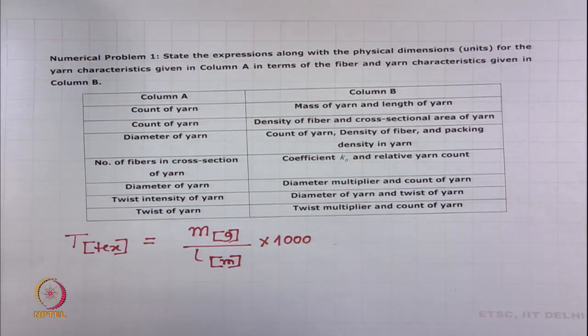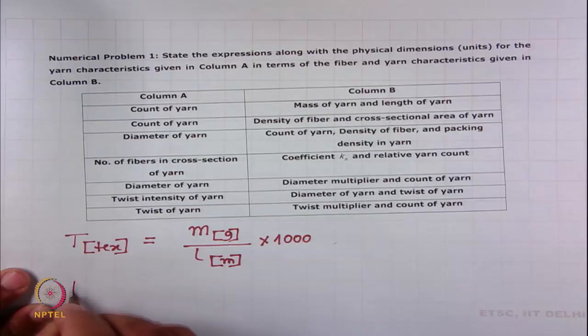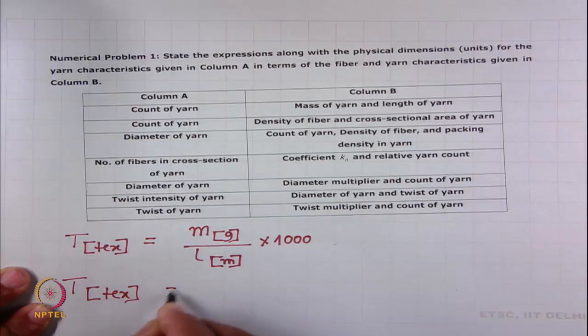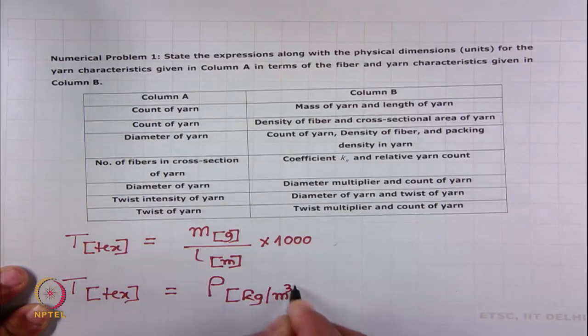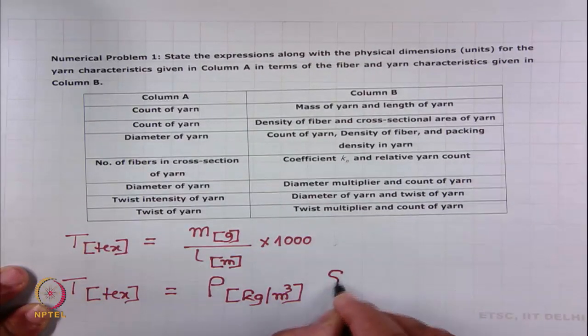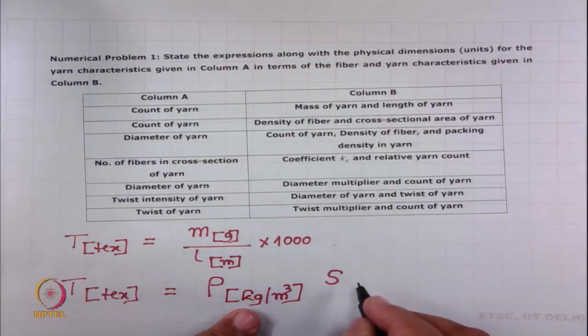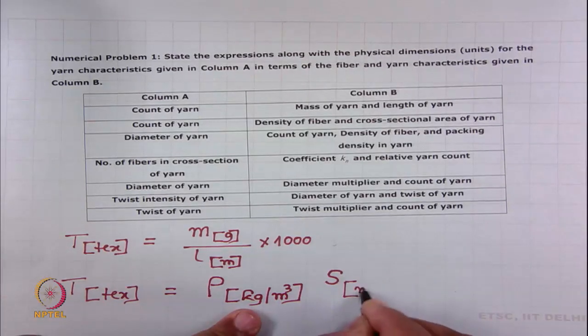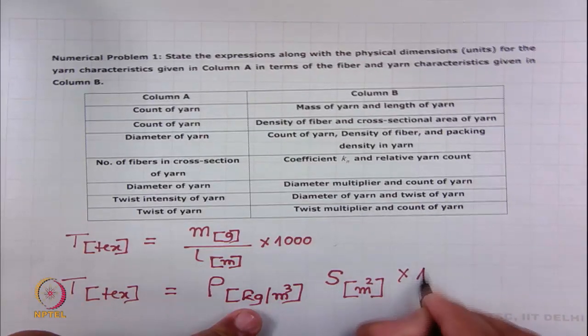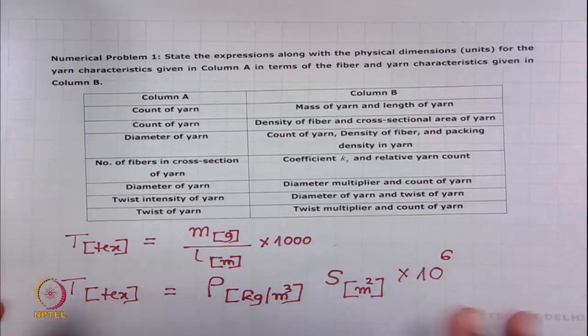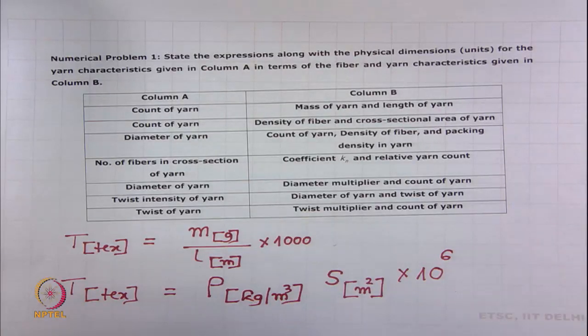So, capital T, Tex is equal to rho into S. If we express rho in kg per meter cube and if we express S, substance cross sectional area of yarn, say in meter square, then you need to multiply by 10 to the power 6 in order to balance both sides. So, this was the second.